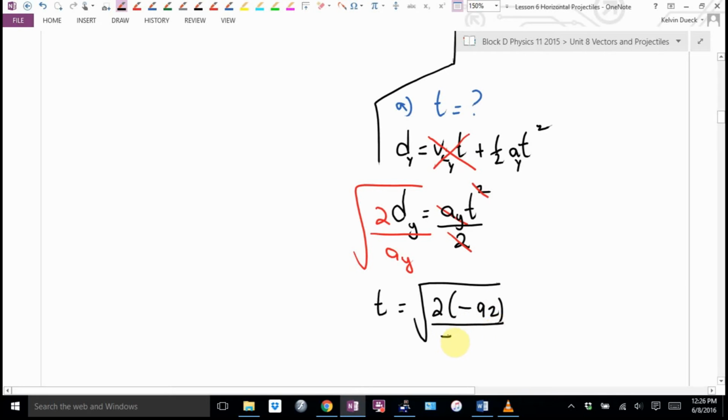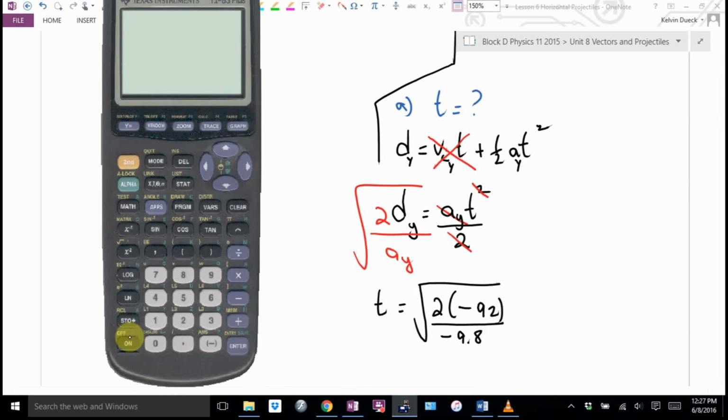All over negative 9.8. By the way, remember you missed the negative 92. You just said 92. The nice thing is here, your calculator would barf at you, would give you an error, and that would be its way of saying, go check your signs. So you'd probably catch it. Okay? I'm going to do this. 2 times negative 92 divided by negative 9.8 square root.